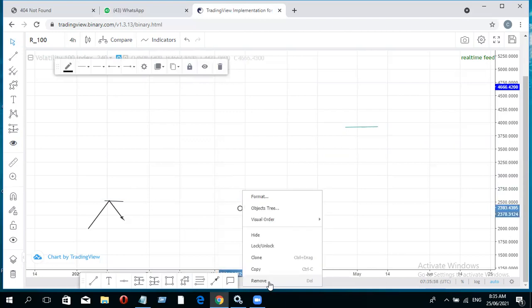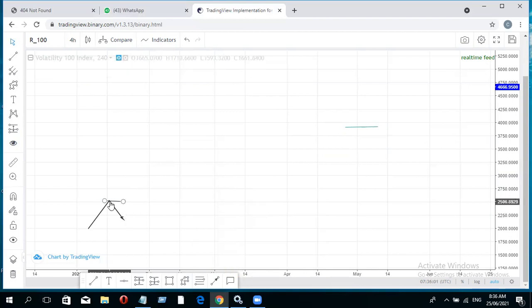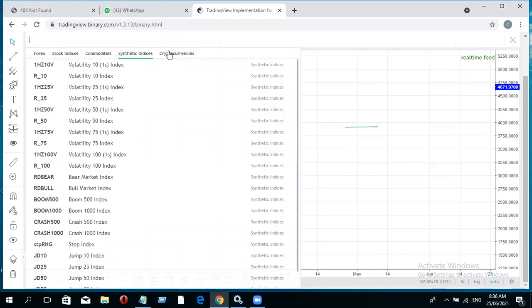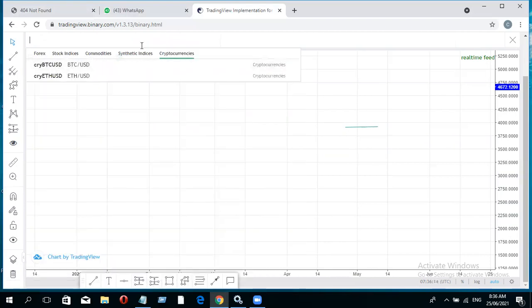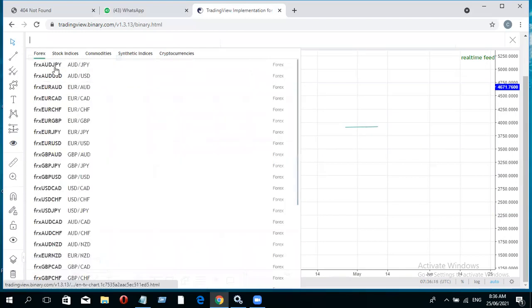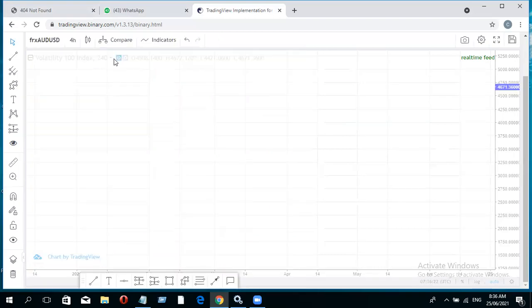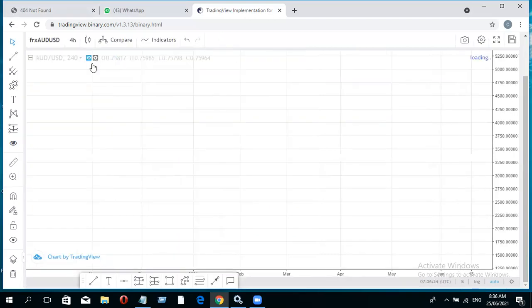I just want to make it very easy so that you understand what we are doing here. It's a very simple concept. Anybody can do it. Let's use forex, the Australian dollar against USD, to understand this concept perfectly.